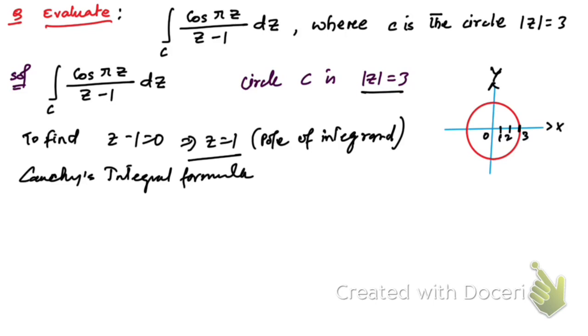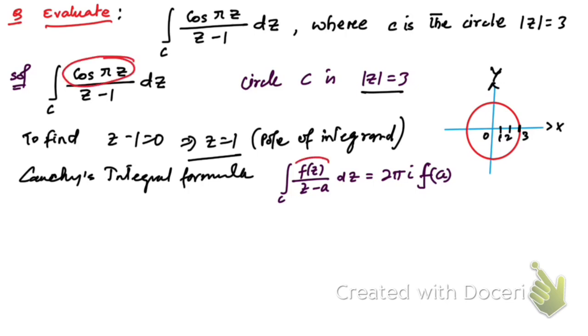What we can write here: the integration along C of f of z by z minus a dz is equal to 2 pi i f of a, right? We used to get this. Now let's compare this one with f of z, the denominator with the denominator, and so on.